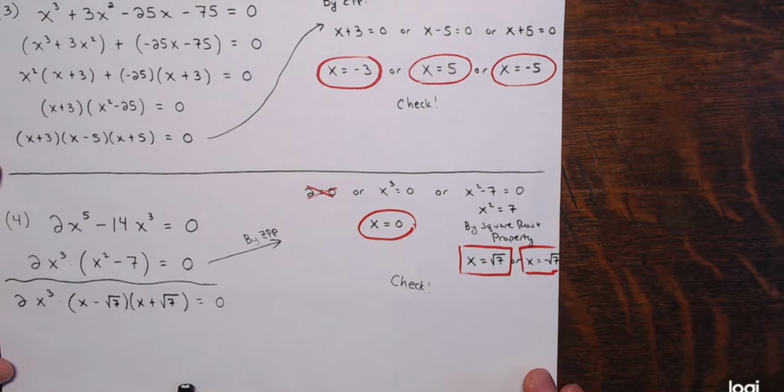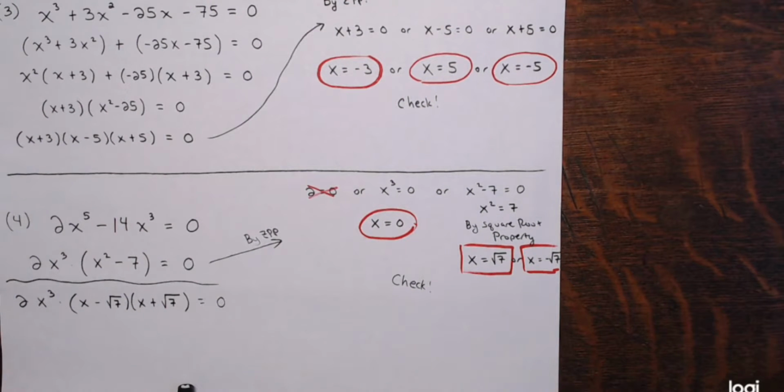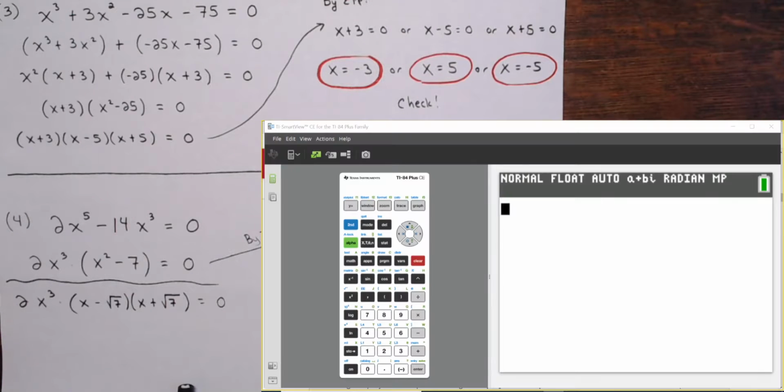I've brought this up as well in previous videos, how I like to use a calculator to check solutions to equations. I have a TI-84 Plus emulator. If you have a TI-83 or 84, both are pretty much the same.